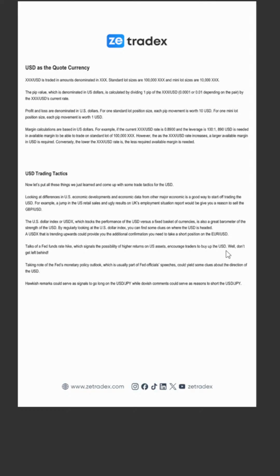Taking note of the Fed's monetary policy outlook, which is usually part of the Fed officials' speeches, could yield some clues about the direction of the United States dollar. Hawkish remarks could serve as signals to go long on USD, while dovish comments could serve as reasons to short the USD/JPY. Next page, please.